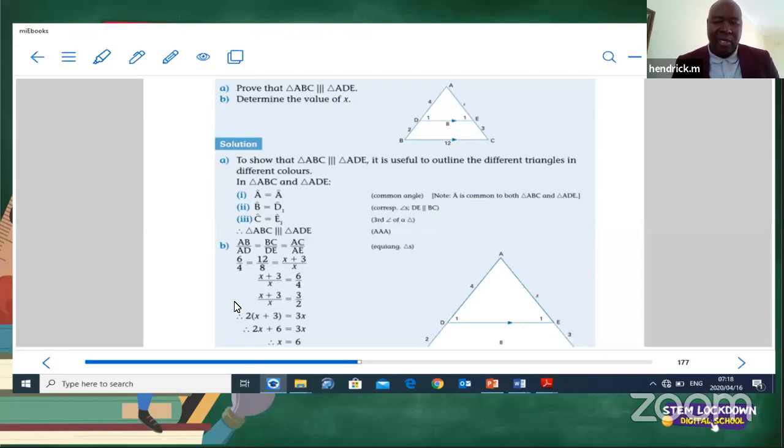You can't keep one on top of the other. You must separate them in order to see the similarity and observe them independently of each other. And of course, the value of x in this case will be 6.